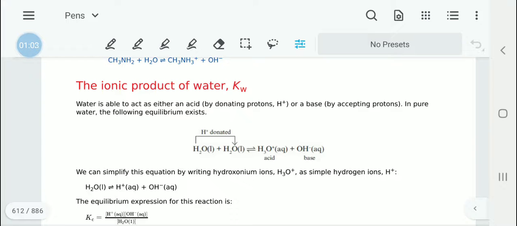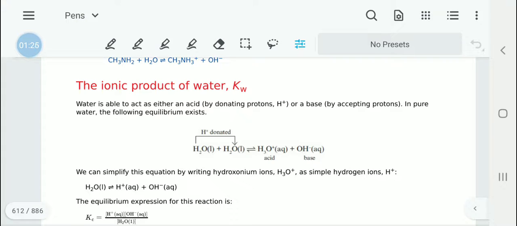In simple terms, water can be dissociated into H+, that is a proton, and OH minus ions. So in this scenario, water can give away H+, and because it has OH minus, it can accept H+ as well. But that is not how it actually happens.